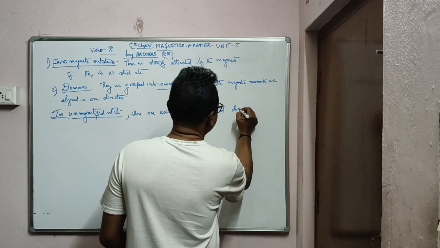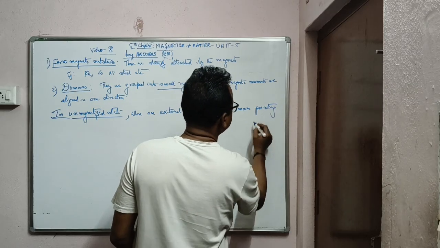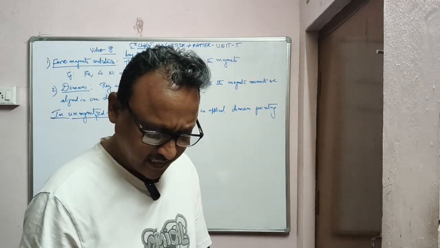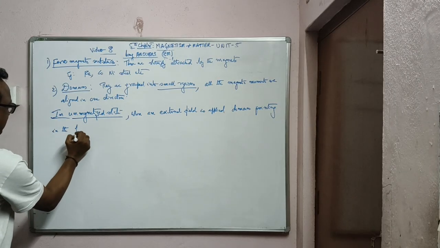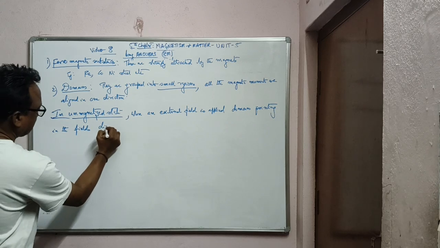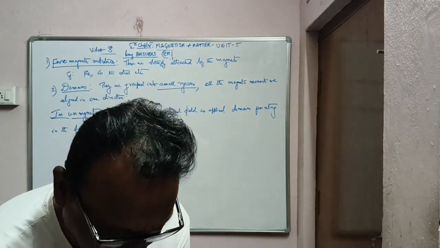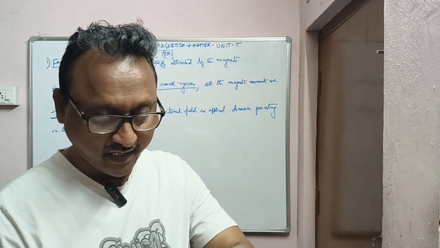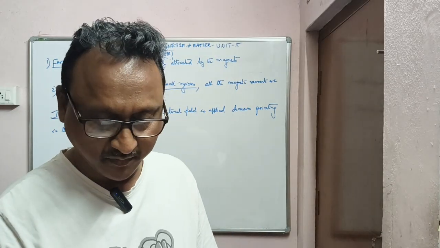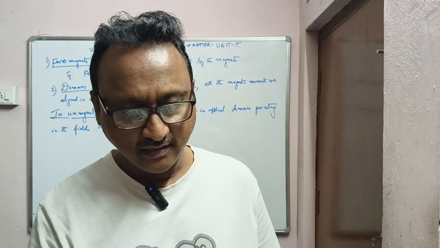The domains point in the field's direction. They grow larger and the other domains rotate along with the field. So the result will be that the overall magnetic effect is greater, a very strong overall effect. That is the main thing and the theory part here.